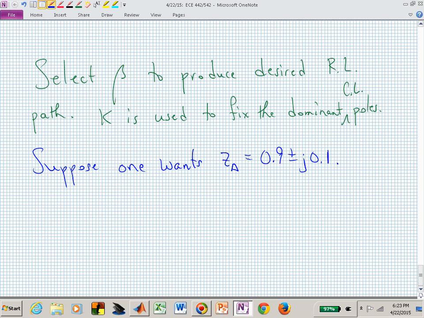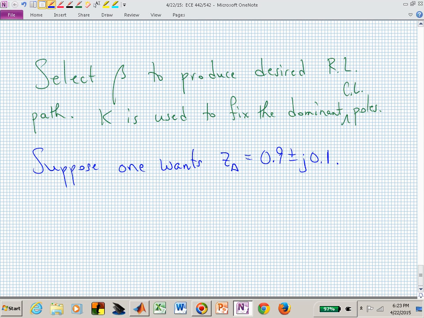What might determine those complex dominant poles? What are the parameters that might produce these z deltas? What concepts have we talked about so far this semester that might have led you to this location for dominant poles? What performance specifications have we talked about?